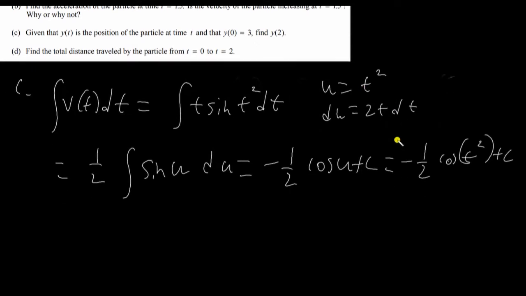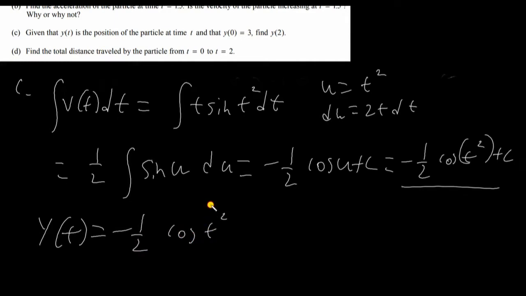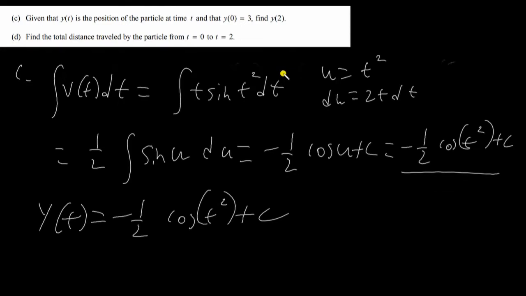Now this is the function for the position as a function of time, but to find the constant value c here, we have to use the initial condition that y of 0 is 3. Since y of t is negative 1/2 cosine t squared plus c, I can plug in my point 0, 3 in here, which gives me 3 is negative 1/2 cosine 0 plus c.